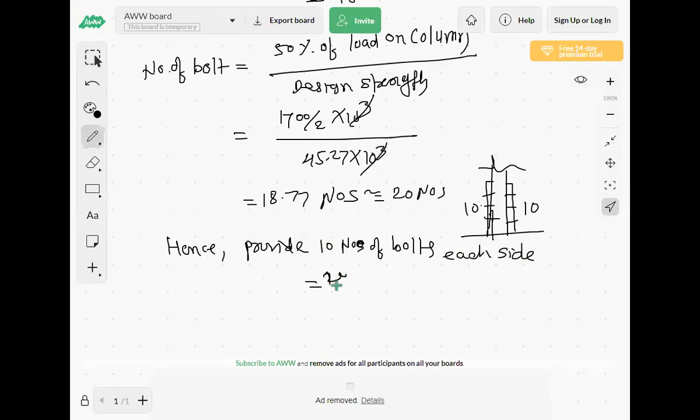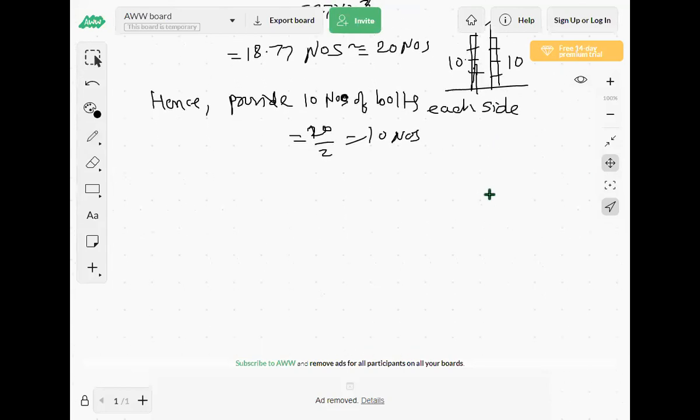It means 20 by 2 is equal to 10. So this 10 number of bolts we have to provide. So now, how to provide this 10 number of bolts? This we have to show by sketch.